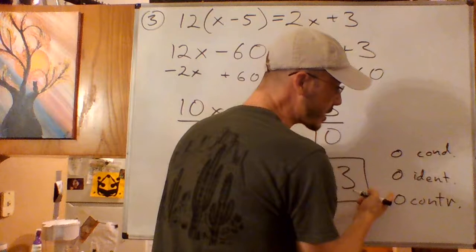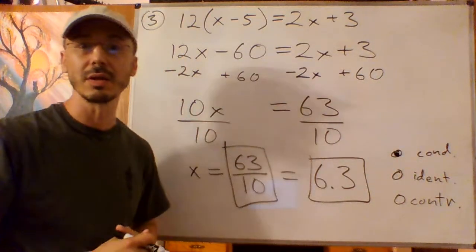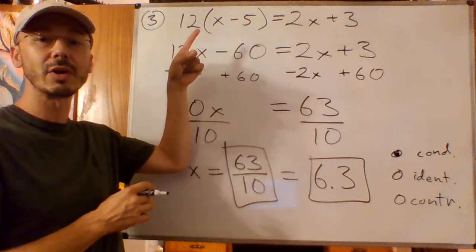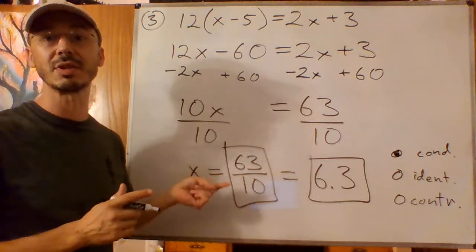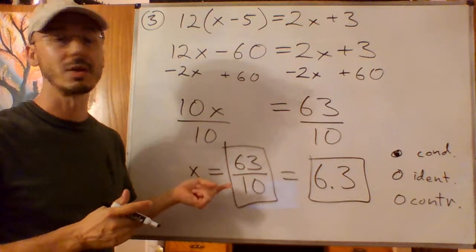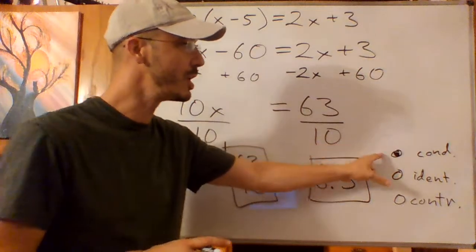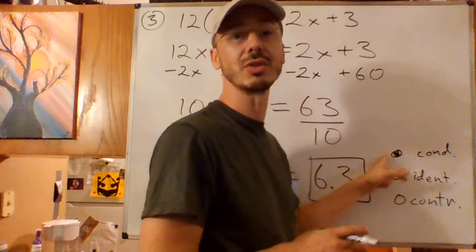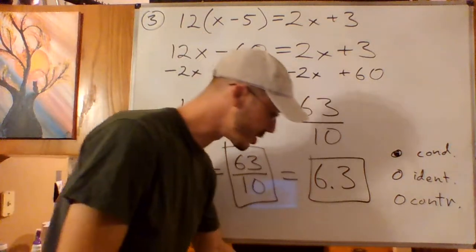I need to select conditional equation because this equation, the given equation, is true on the condition that x is equal to 63 tenths. No other value of x makes this equation true. So this is the conditional equation. And when you fill in the dot for conditional, it should give you a pop-up box that you can type the solution into.